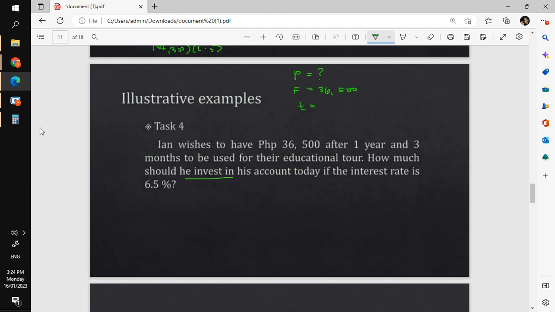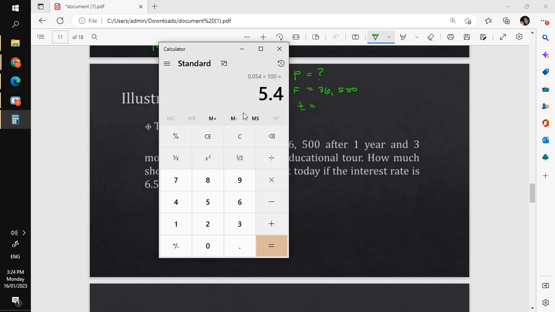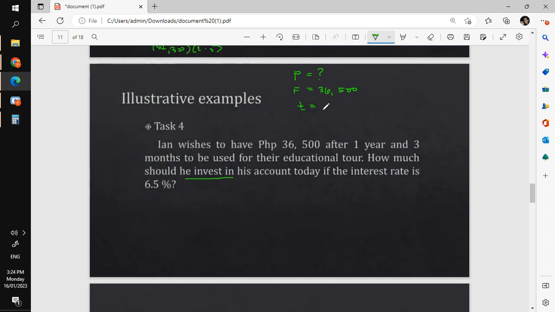So for 1 year and 3 months, we have to convert that into decimal. You have 12 plus 3, that's 15, divided by 12. That gives us 1.25 years, and we have the rate of interest, 6.5% converted to decimal, that becomes 0.065.